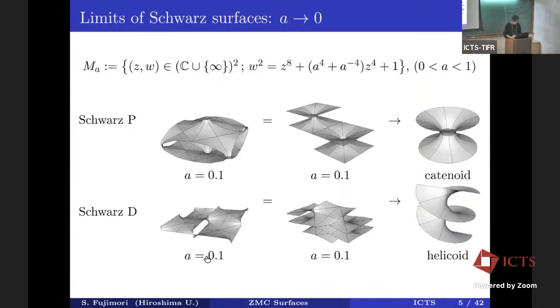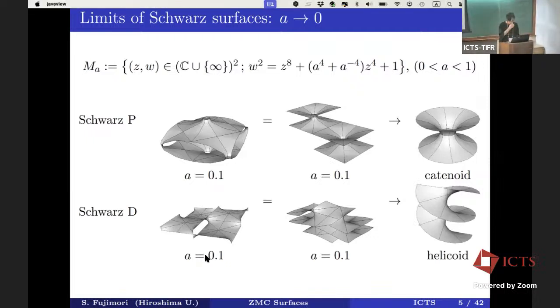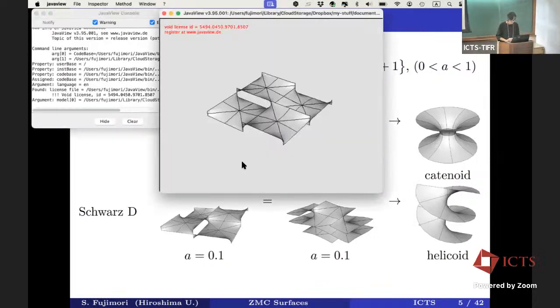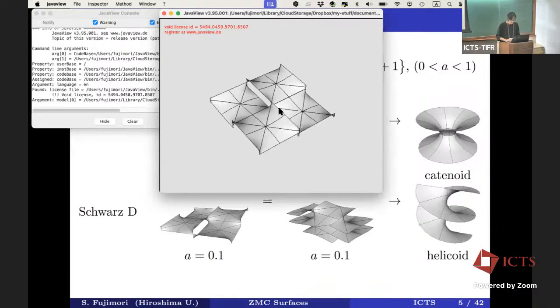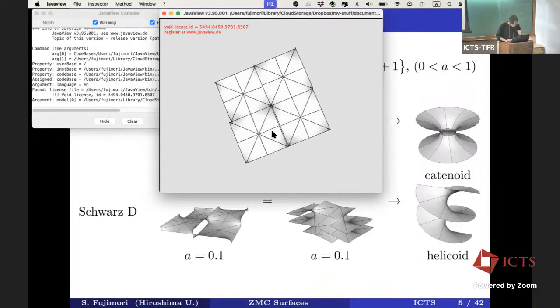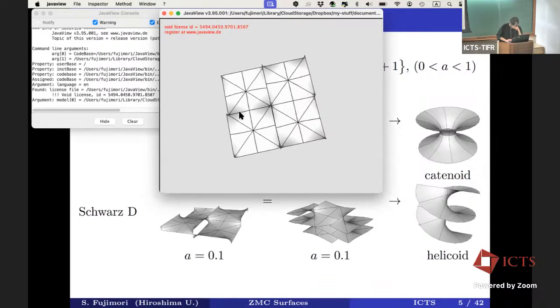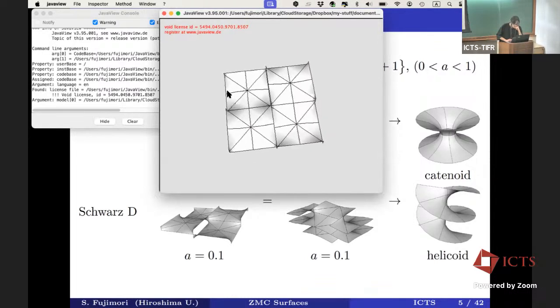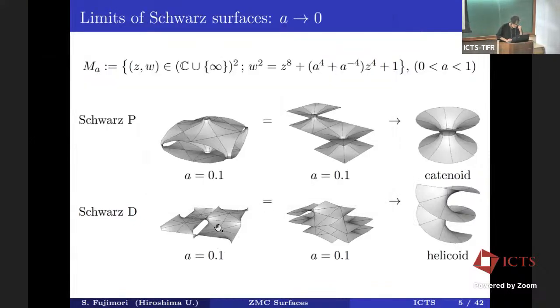And also the Schwarz D surface, this surface. And then again, some suitable translation. Maybe this part goes to this part, and so on. Then this surface and this surface are exactly the same, just different places where we cut the surface.